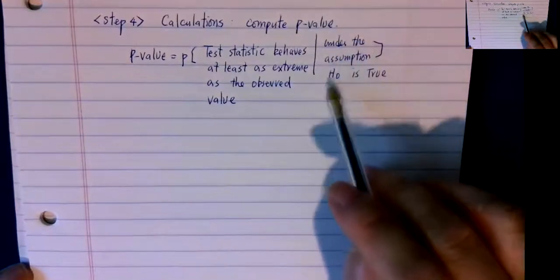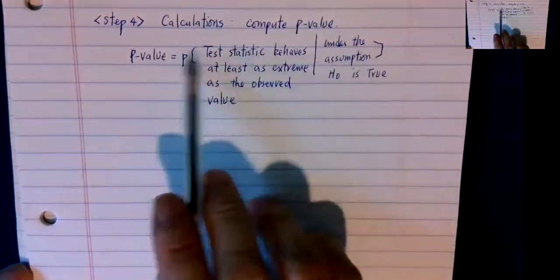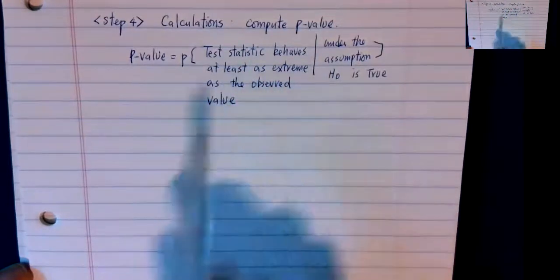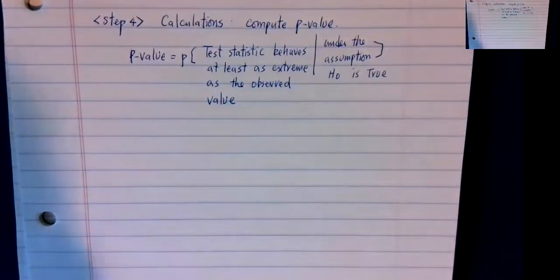Under the assumption that H naught is true, how likely is the test statistic to behave at least as extreme as the observed value. Under the assumption that H naught is true, how likely is the test statistic to behave at least as extreme as the observed value. That's the definition of the p-value.